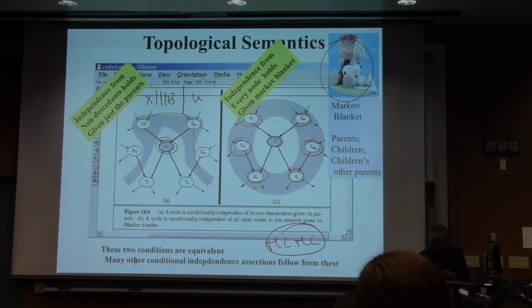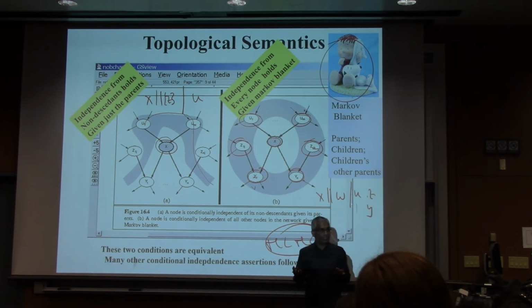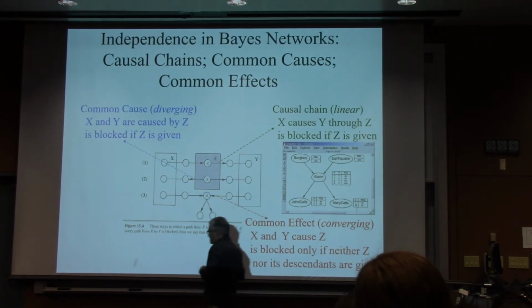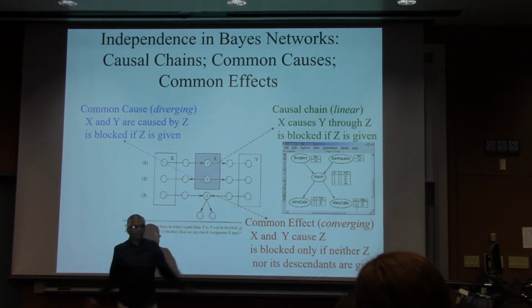And similarly, I said X is independent of the world given U's, Z's, and Y's. Those are the independence relations that I wrote there. But what I want to know is, if I come up with an arbitrary independence relation, I want you to tell me, does it hold or not?